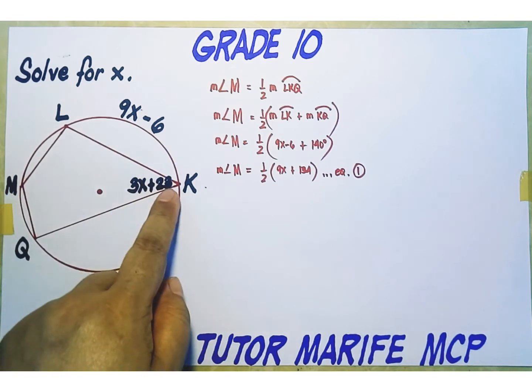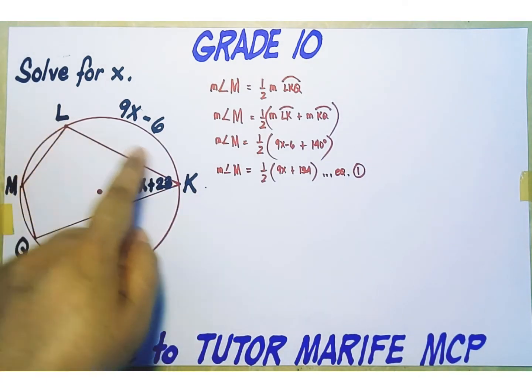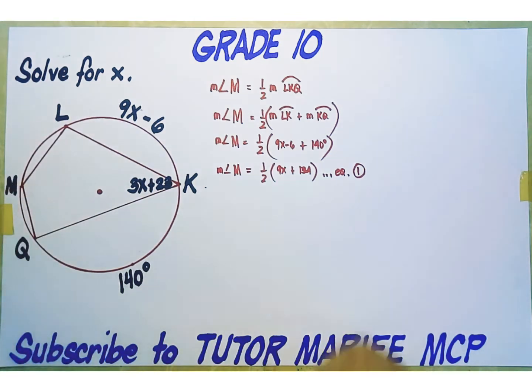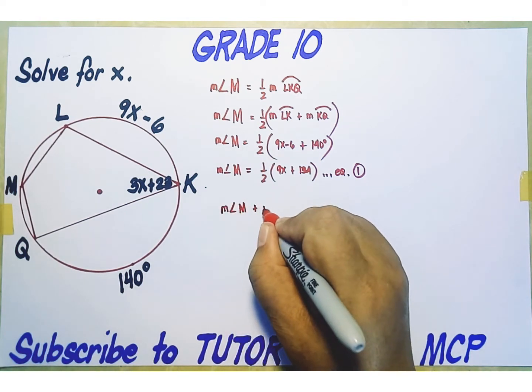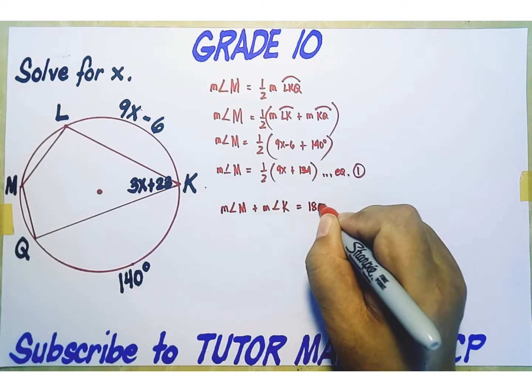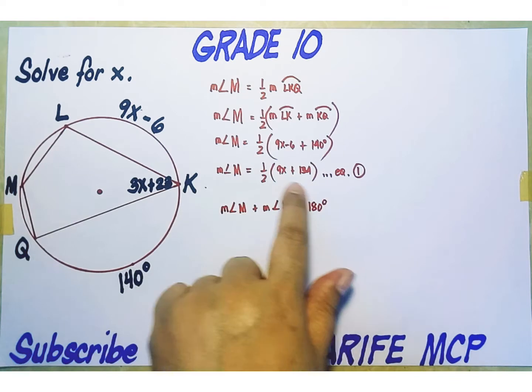So we can use the theorem. We can say that measure of angle M plus measure of angle K is equal to 180 degrees. This is our working equation.